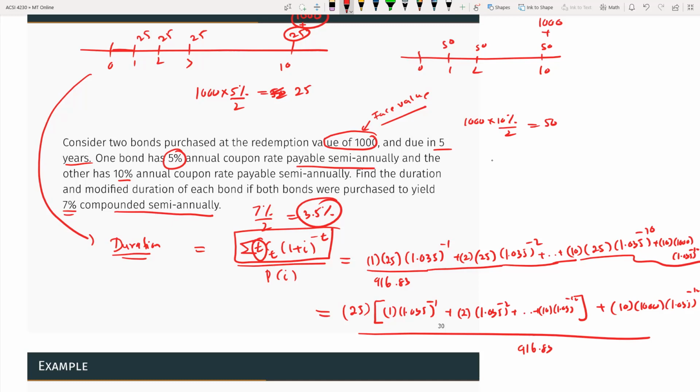So I'm doing the 8 time, 1.035 to the -8. Then 9 time. Then 10 time.